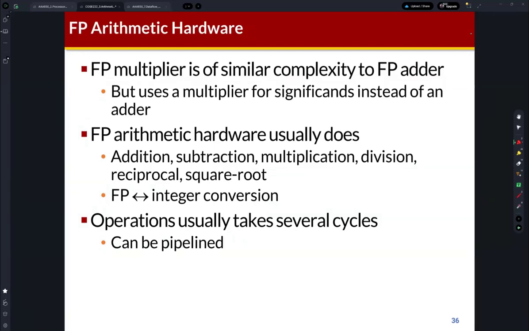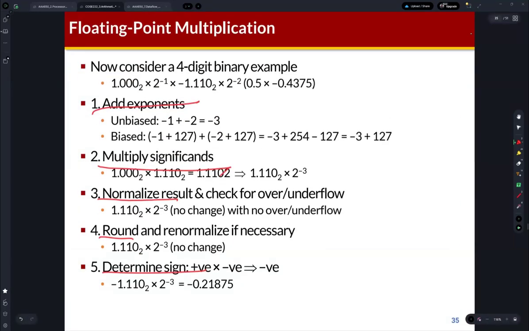So floating point arithmetic is obviously more complex than integer arithmetic. And then we need to perform multiple steps like this. So we also need to implement the hardware that performs these multiple steps.